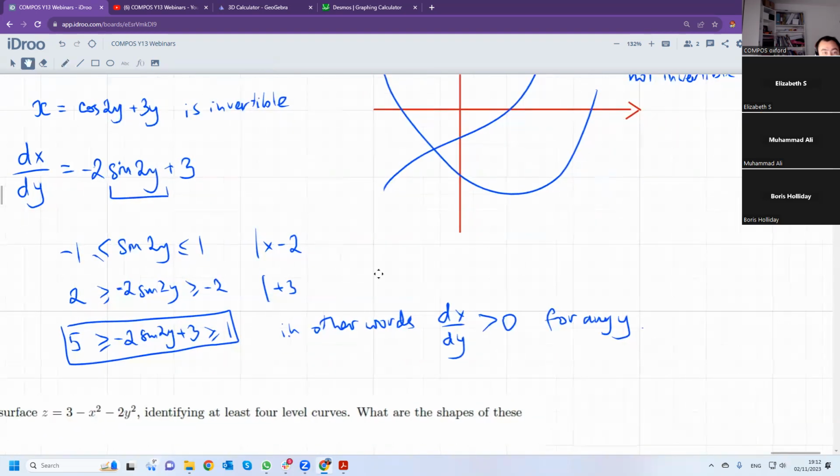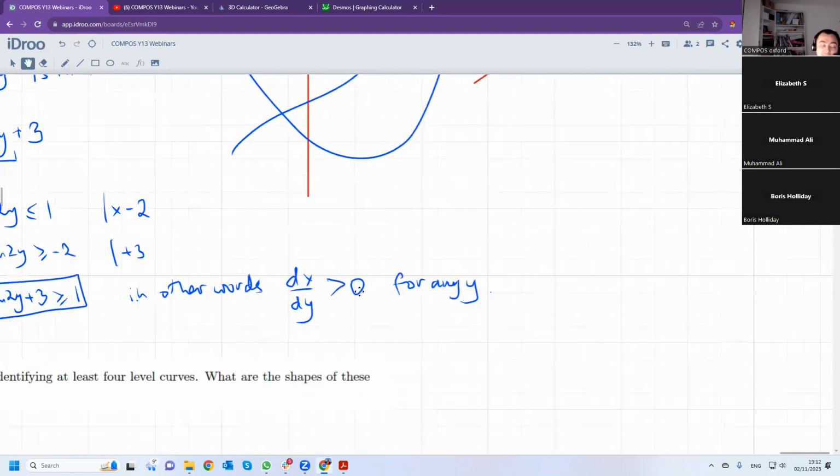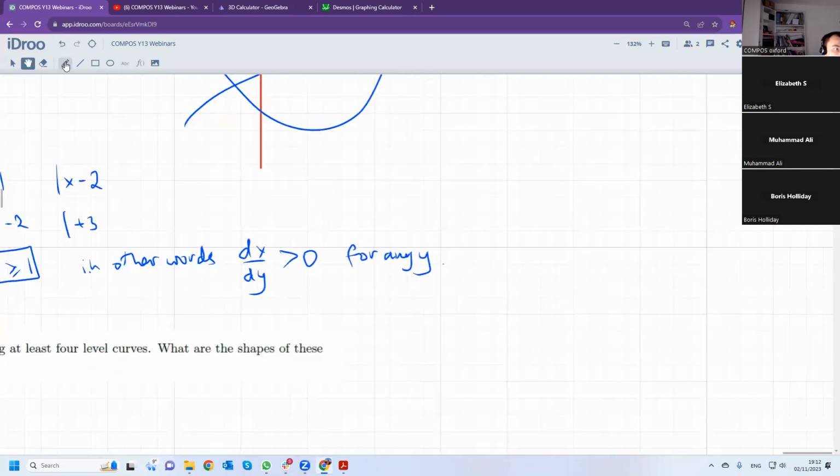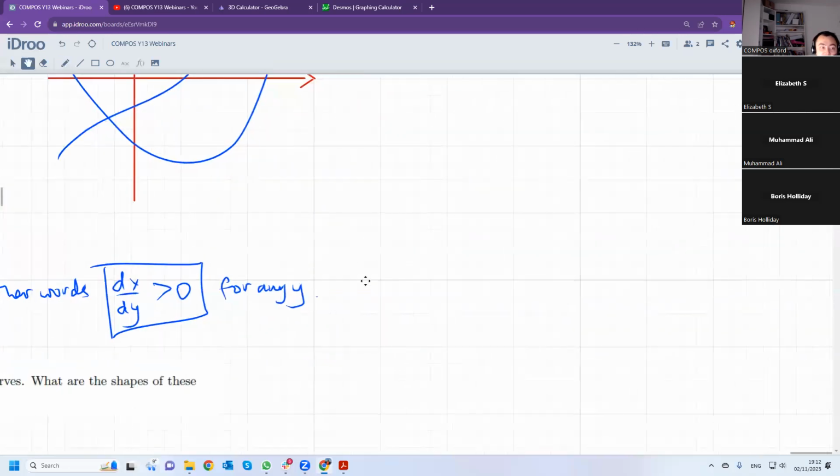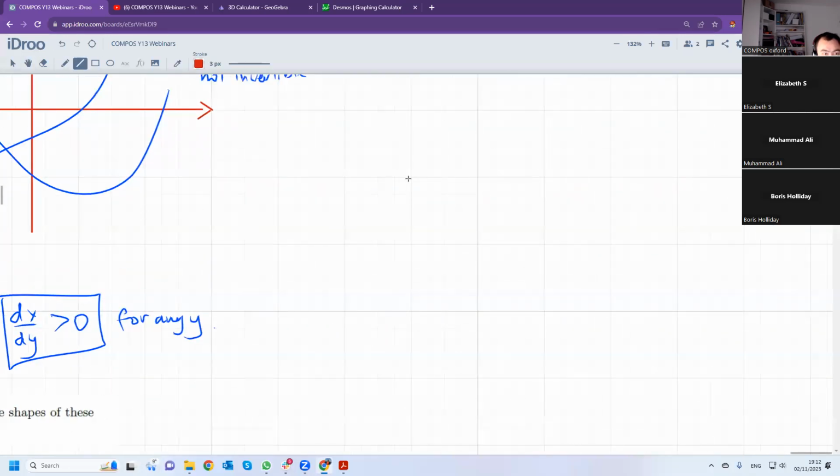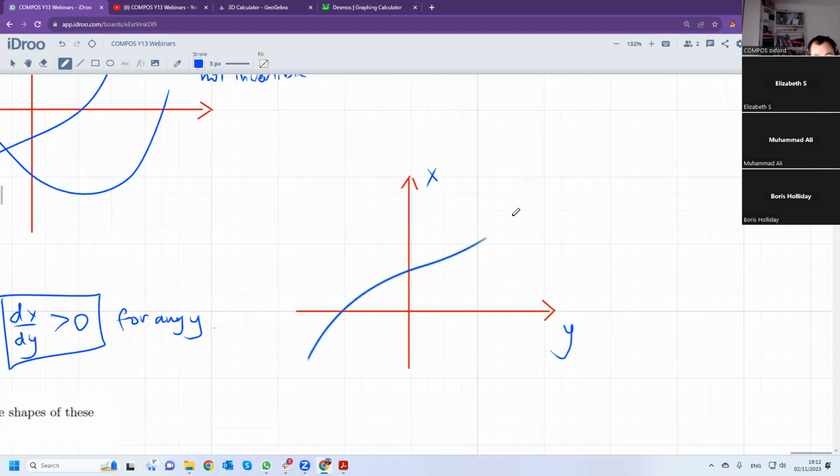For any value of y, the derivative is positive, and that means it is an increasing function, because if the derivative is positive, that means the gradient is positive, and if the gradient is always positive... this is a weird function because this is x with respect to y, but dx over dy is positive, therefore the gradient is positive.